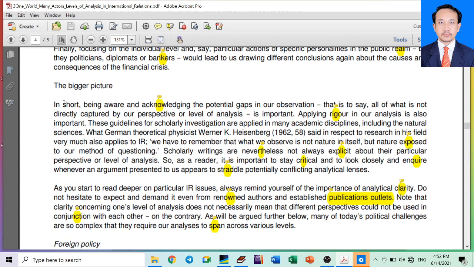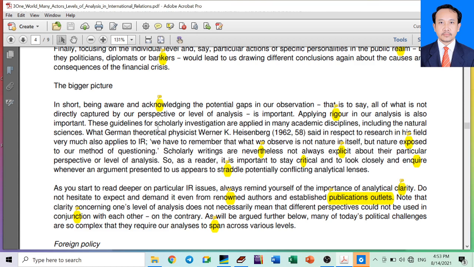The bigger picture, in short: being aware and acknowledging the potential gaps in our observation, that is to say, all of what is not directly captured by our perspective or level of analysis, is important. Applying rigor in our analysis is also important.